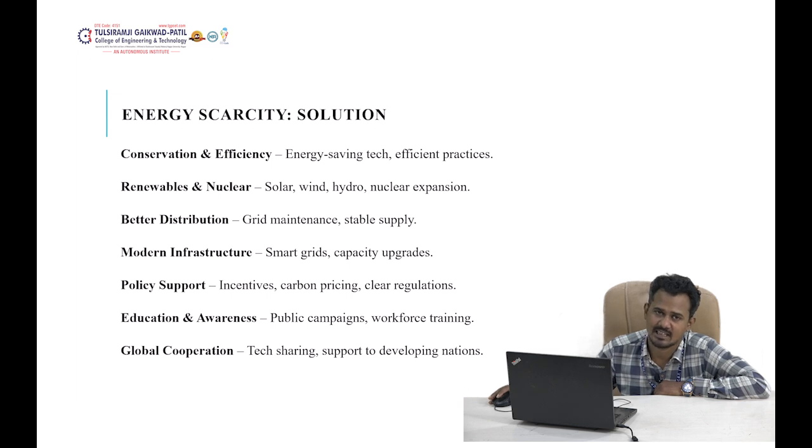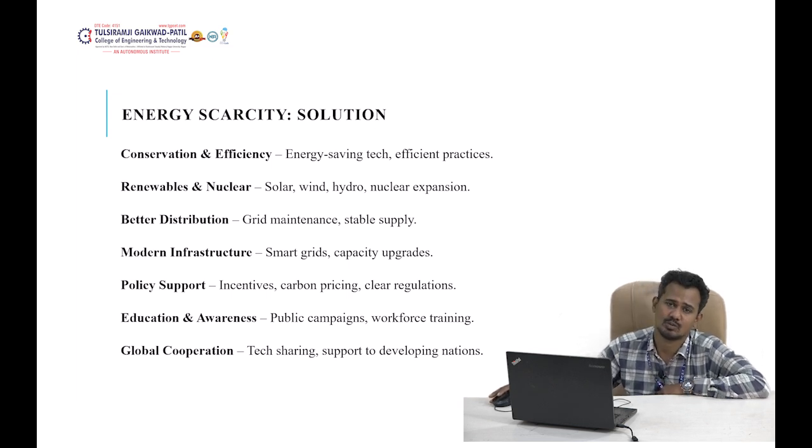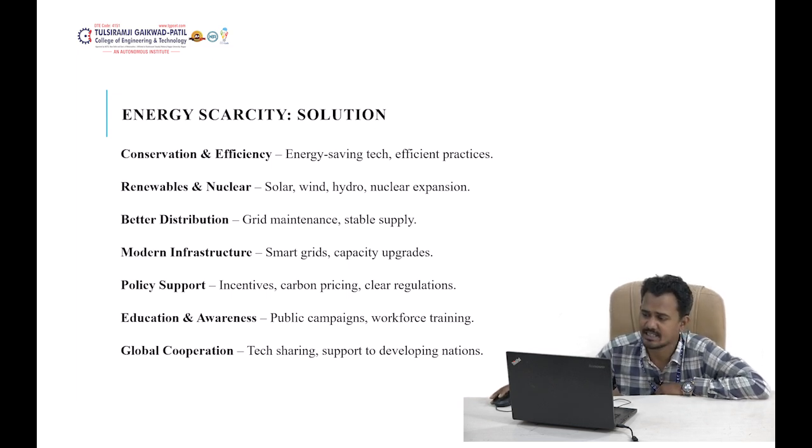Now, as there are causes, there will be solutions for this energy scarcity. To solve this problem, we have to focus on conservation and efficiency. Energy conservation is the best solution.